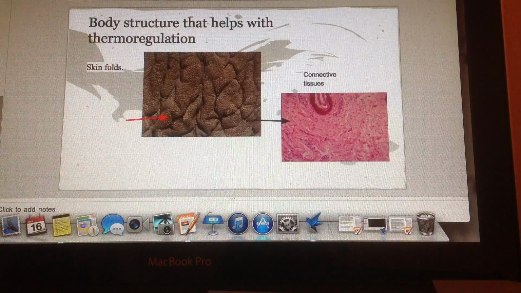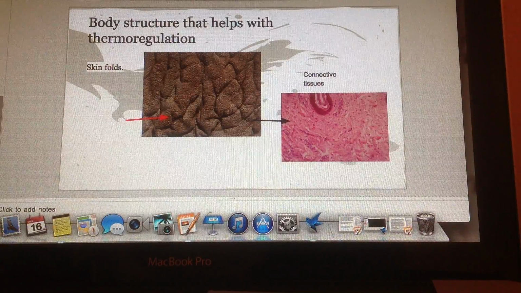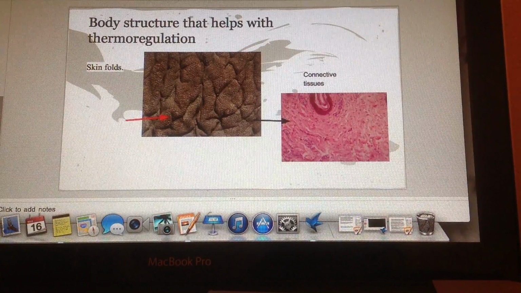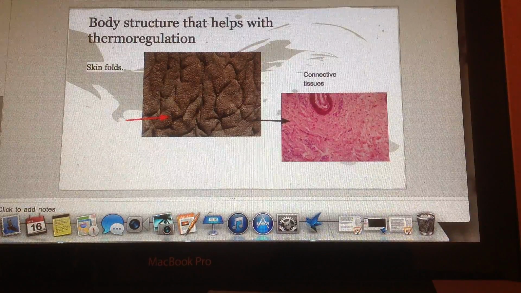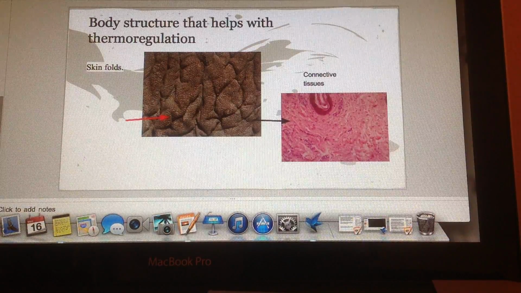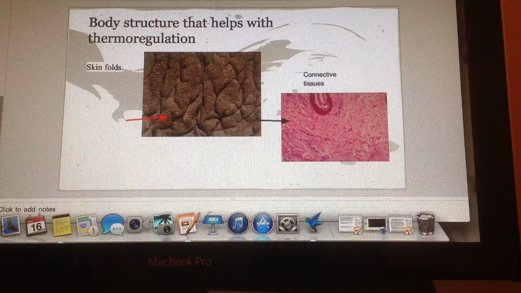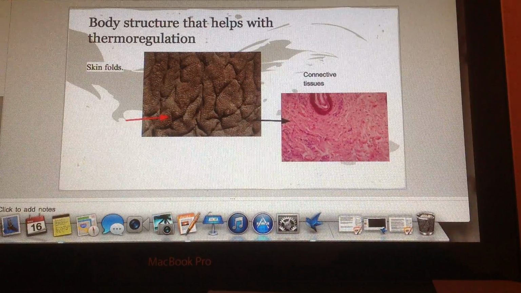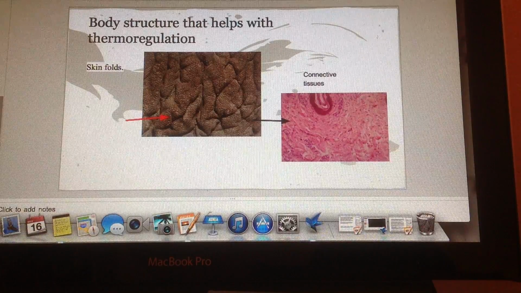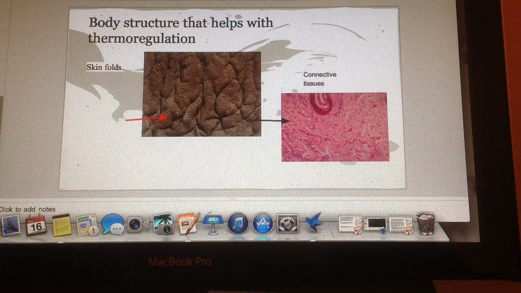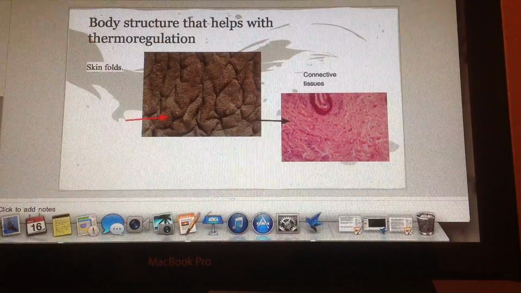Some body structures help with thermoregulation. Connective tissues are found in their thick skin folds, shown by the image next to the skin fold. The cutaneous muscles are well developed in the subcutaneous tissues, which have many small blood vessels.